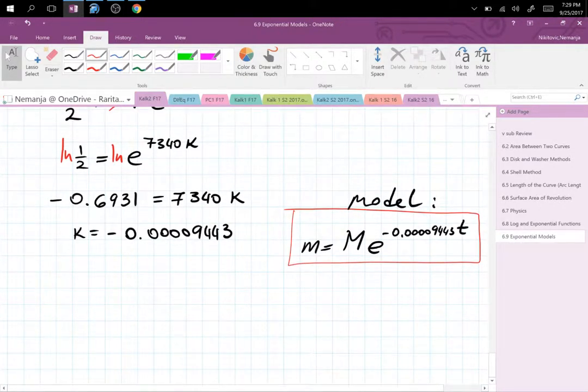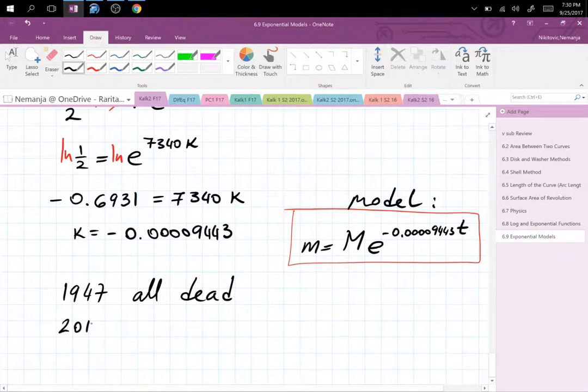You know what I want to know? I want to know the percent of thorium remaining, right? All of the people that use it are dead. It's the 1940s, so let's say that everyone died by 1947, and today is 2017.